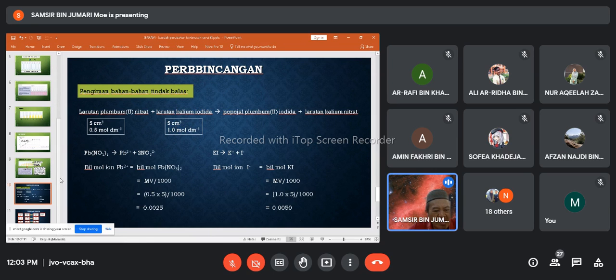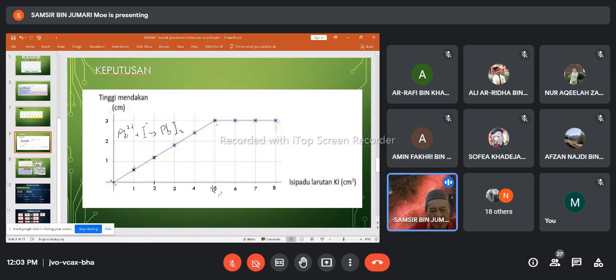So you just take from the graph, okay? This 5 cubic centimeter of potassium iodide solution has been used in test tube 5, okay? Means that in test tube 5, the reacting mixture is completely done.